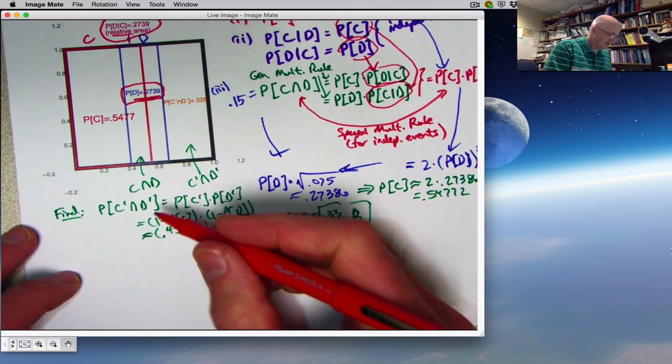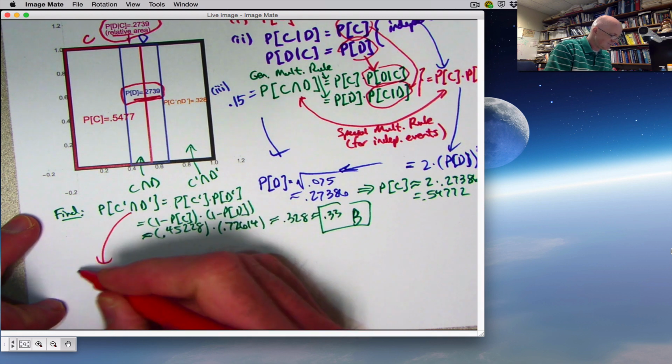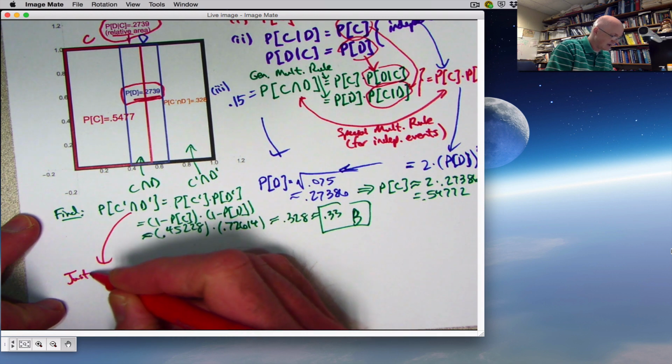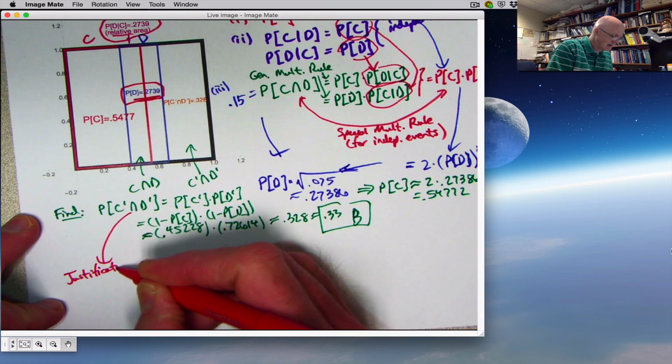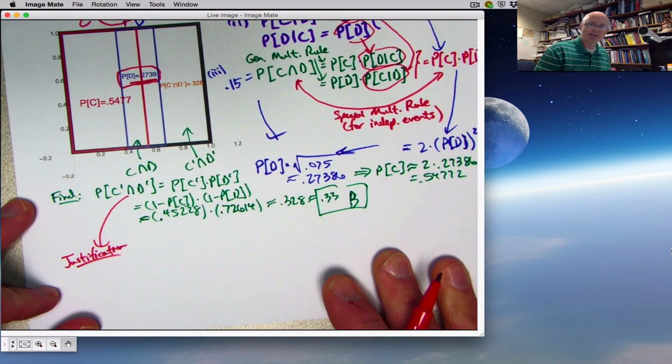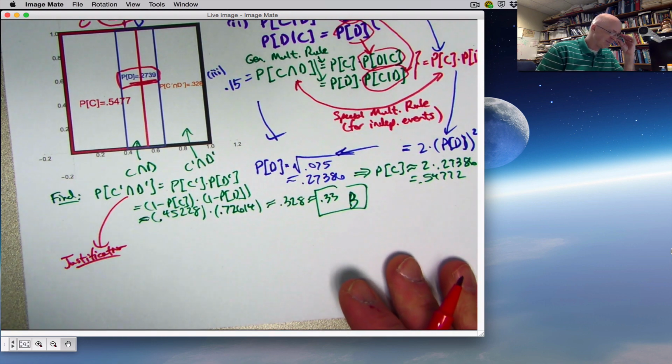Let's justify this step here. Justification. To justify this, I do need to use De Morgan's law.